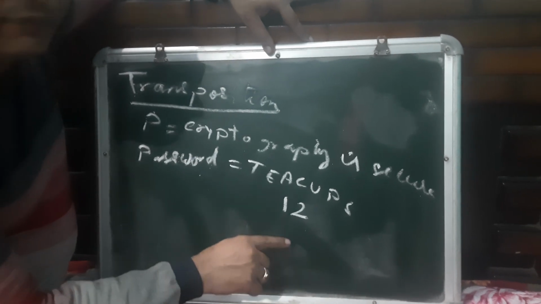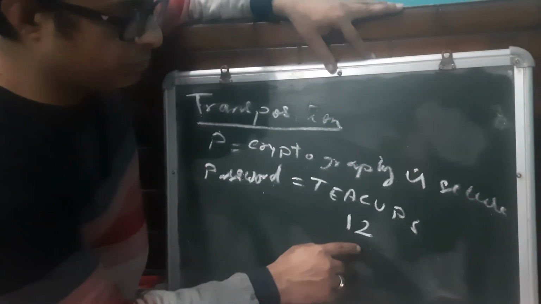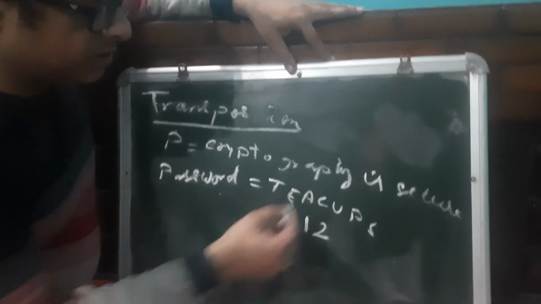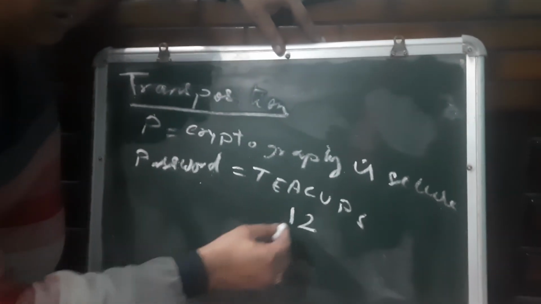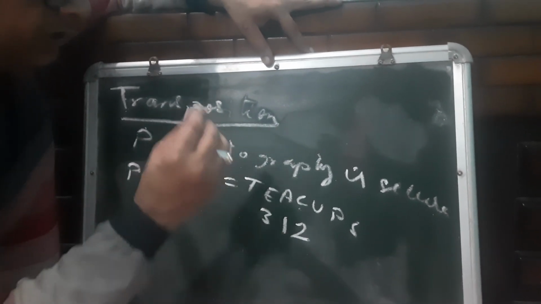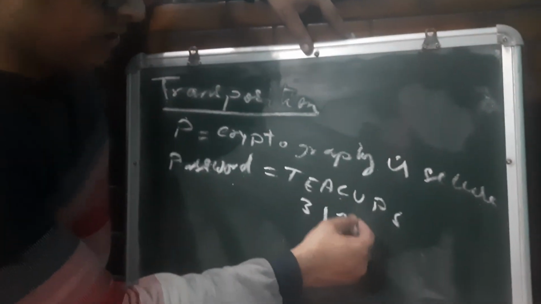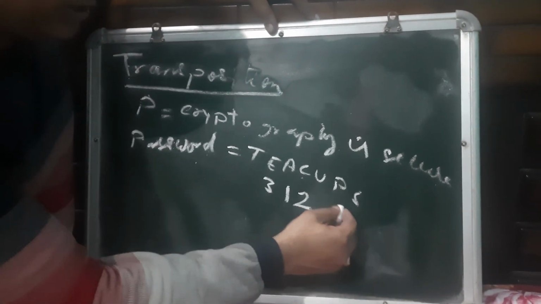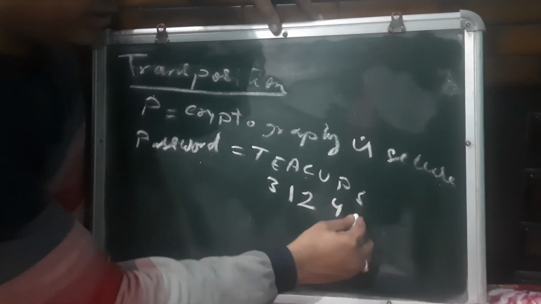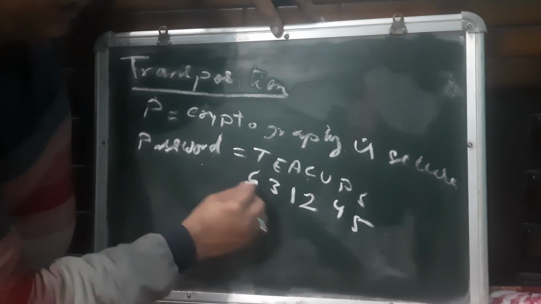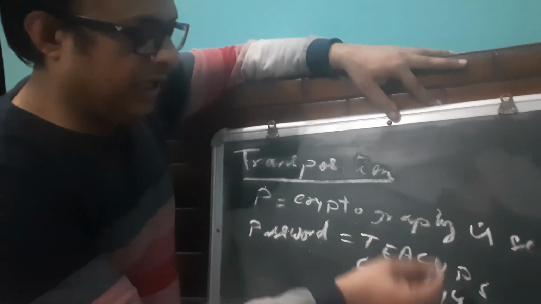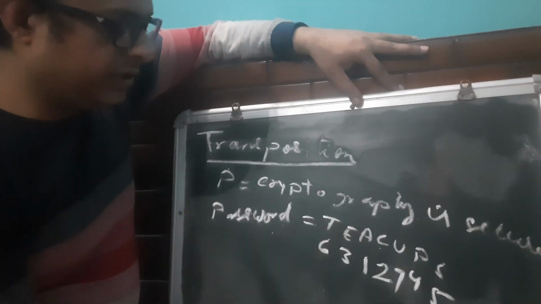This is the relative position, not the actual position, because the actual position of C is 3, but according to the letters in the password teacups, the relative position of C is 2, and for the letter E it is 3. On the same pattern, the next letters in the sequence will be P, then S, then T, and then U. This is the relative positioning of the letters of the password teacups.